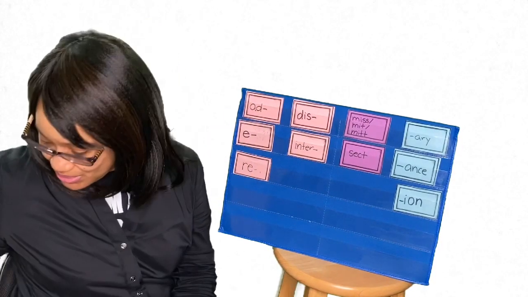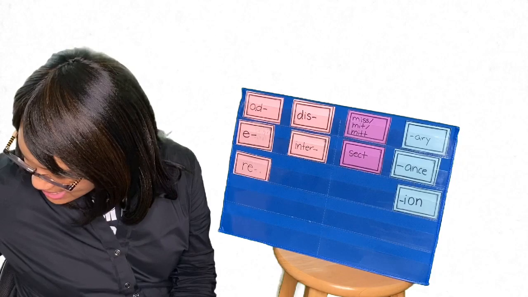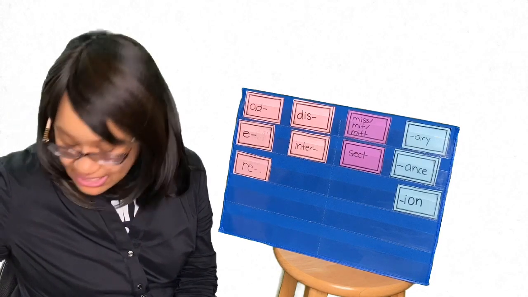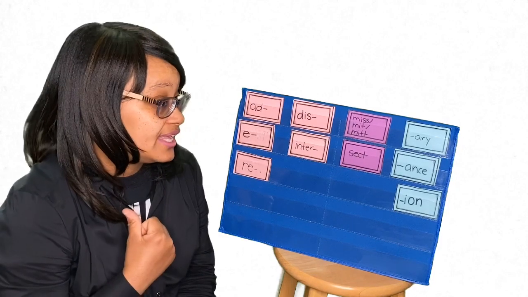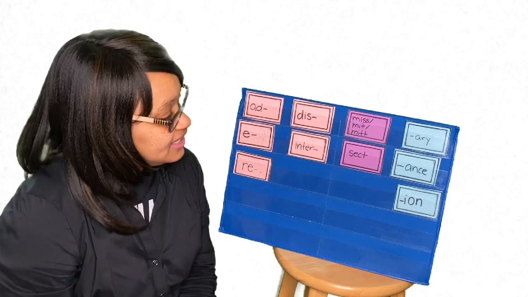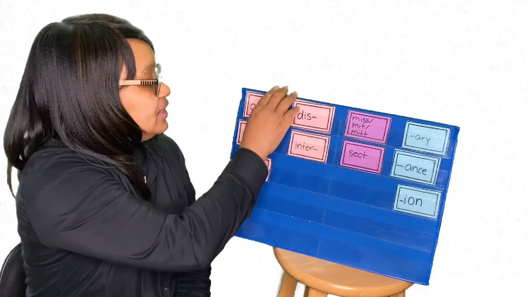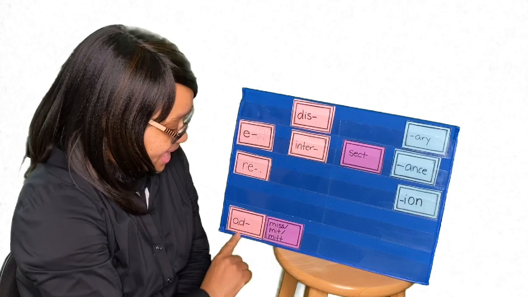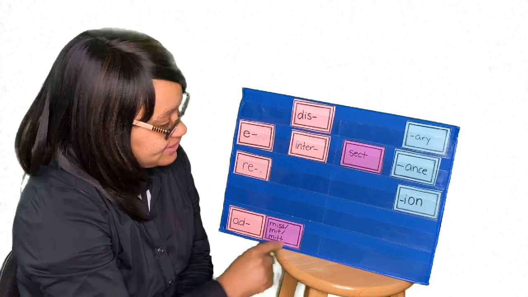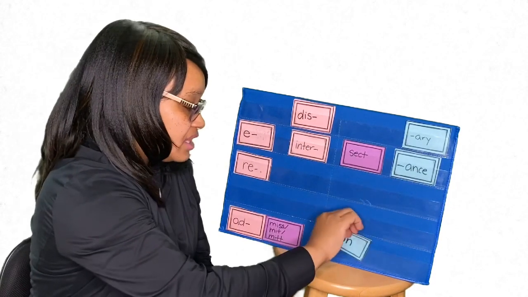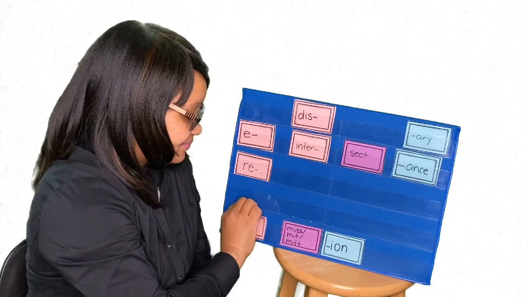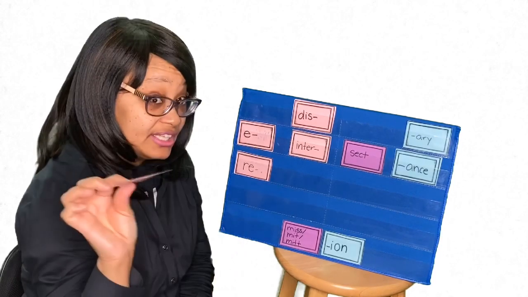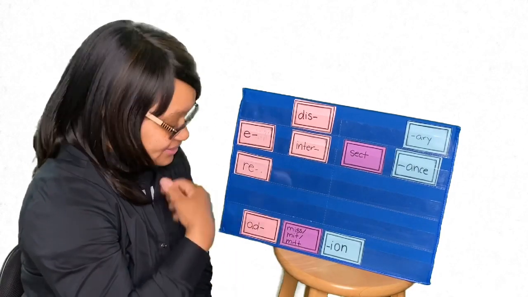Okay, let's try one more. Let's try entry, entrance fee. So this could be an entry or an entrance fee. So we know that admit we did earlier, but if it's a fee, then it has a quality of letting in, toward, or to, letting.